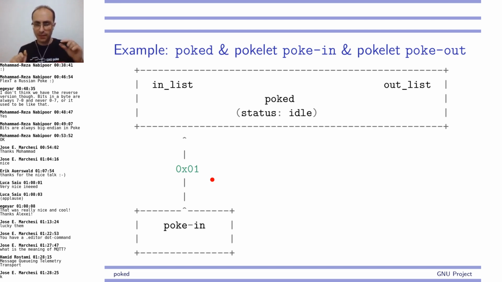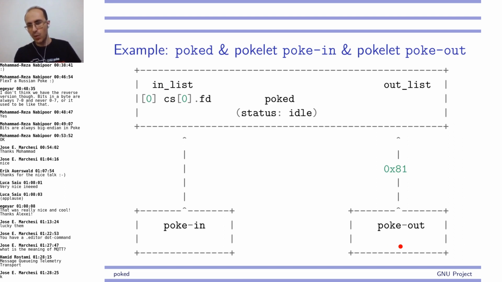I reserve 120 to 128 for future extension, but we are not using it. So POKD will add the file descriptor of the first client to the list of input clients. It will poll or wait for something to happen on this socket.